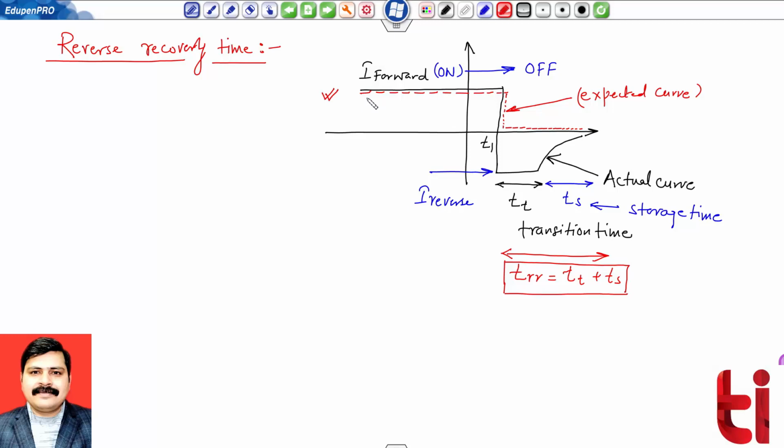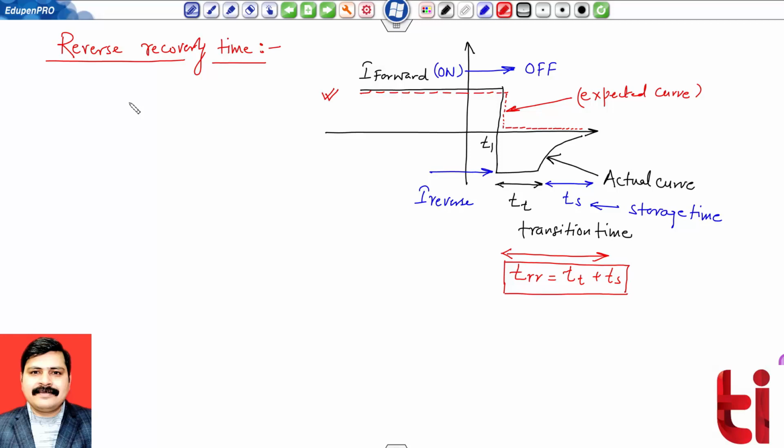But what is the actual condition? In the working of forward bias case, you have seen that during the forward bias a huge current will flow, and the current will flow because of the movement of the charge carriers. We have already covered in the forward bias mode, when P side of the diode is connected to the positive polarity of battery and N side to the negative side of the battery, the situation is the forward bias condition, where majority carriers from P side, that is holes, cross over the junction and reach the N side, where they now become minority, and the reverse explanation is valid for the electrons.